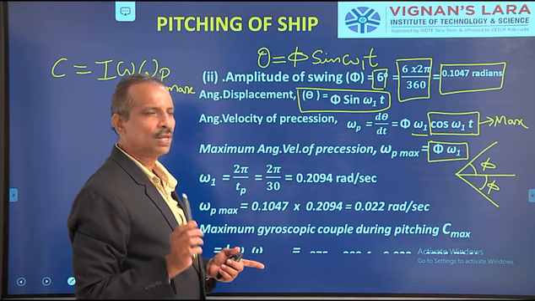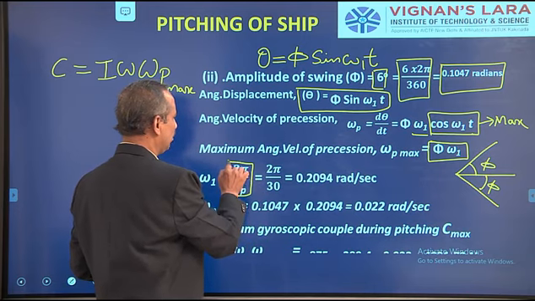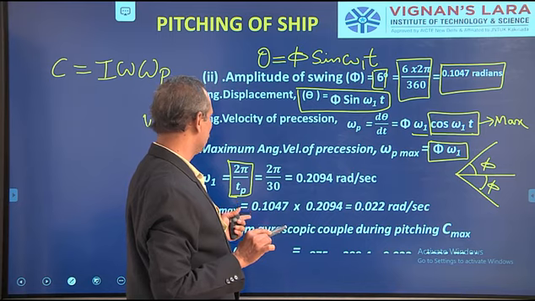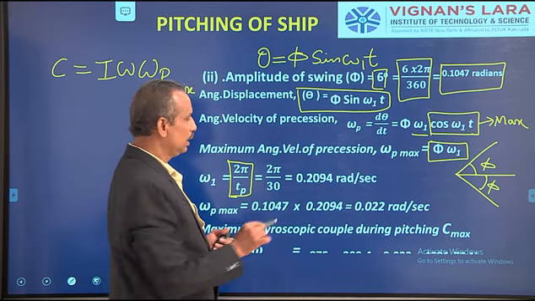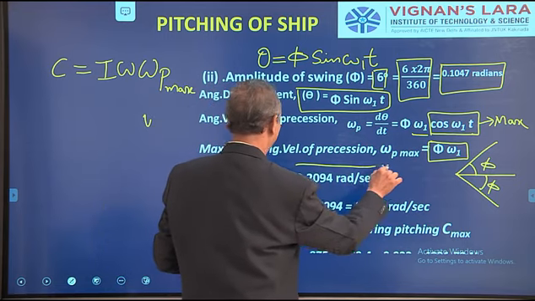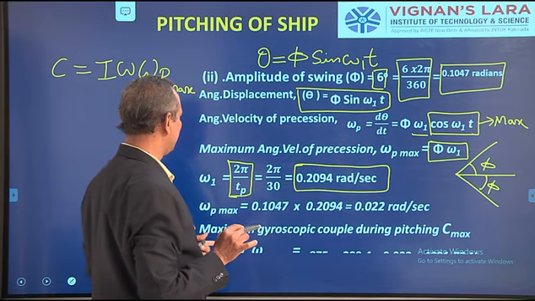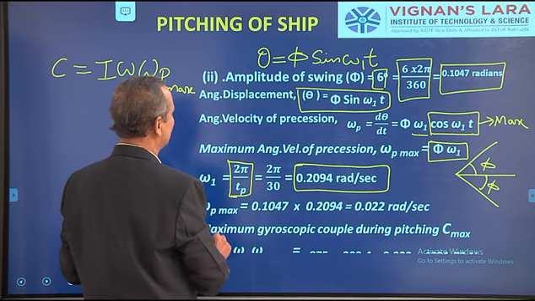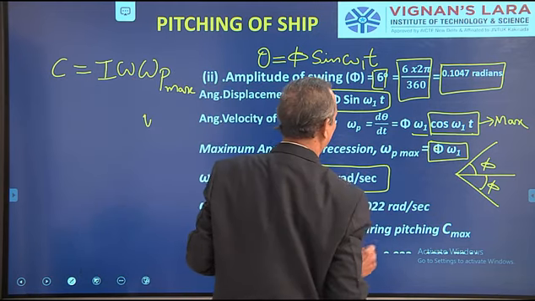Phi omega 1. So how to get omega 1? Omega 1 is nothing but 2 pi by the time period of the simple harmonic motion. The time period is given in the problem as 30 seconds. So by substituting this, I get the omega 1 value. Then what is omega p max? This is phi omega 1.